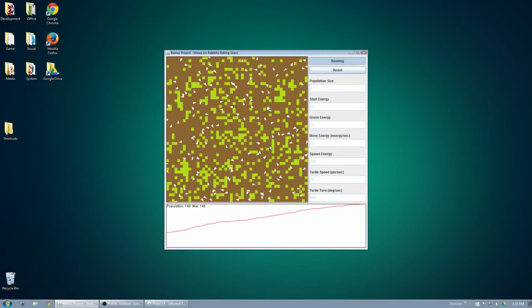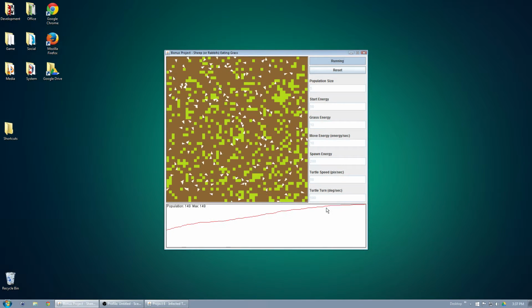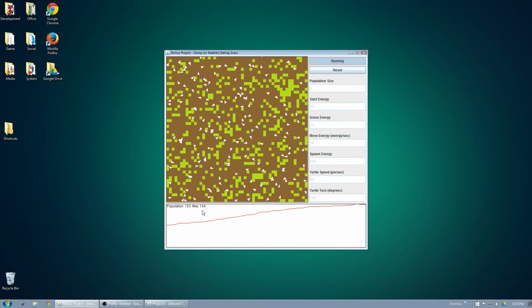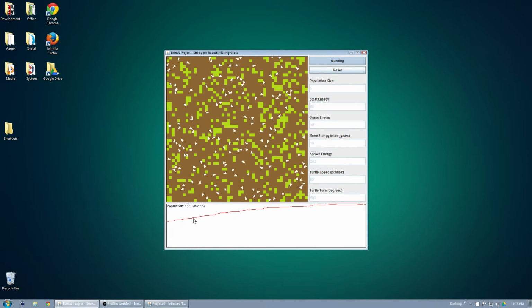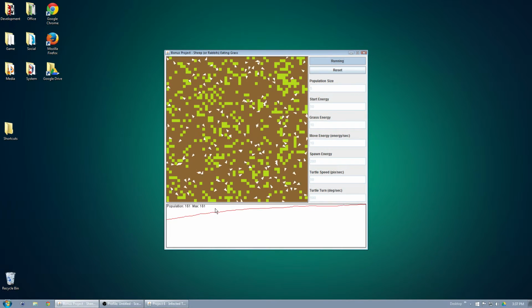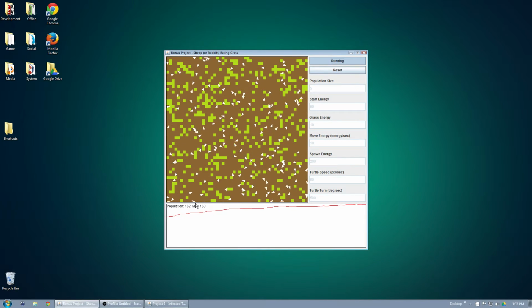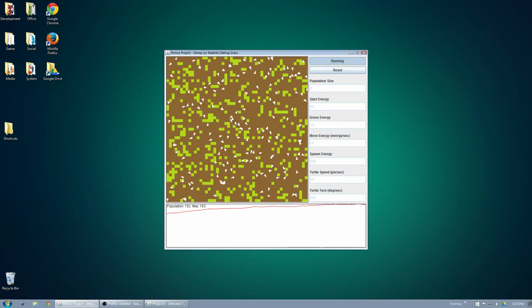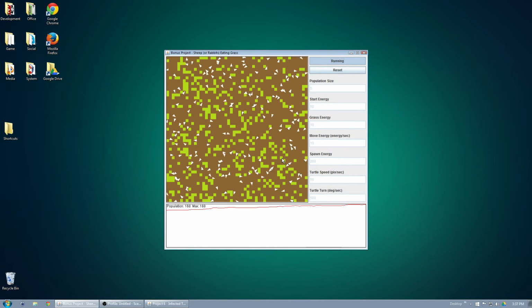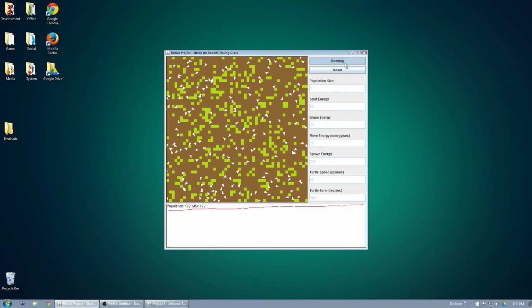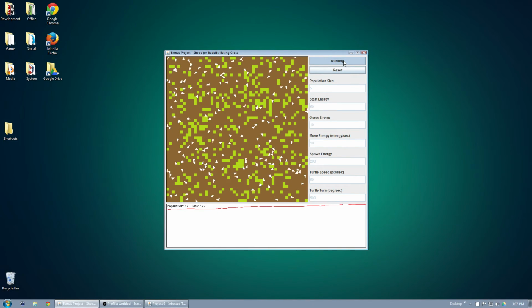But anyhow, you kind of see the effects of changing the parameters down here. It looks like the population size is going to level out lower than the default values. So basically, that's the basic idea of this bonus problem.